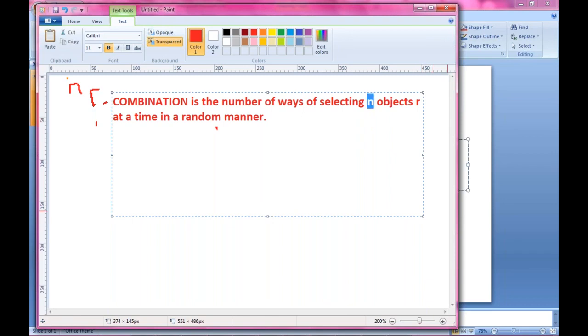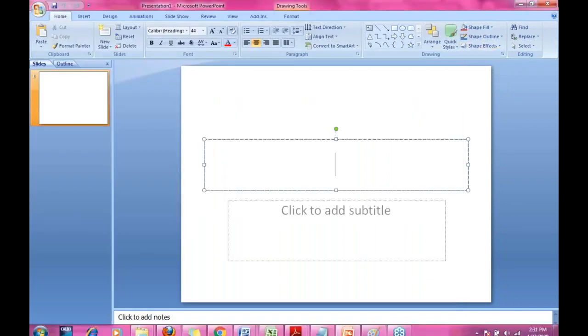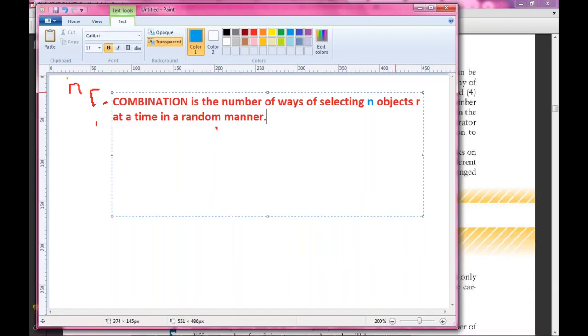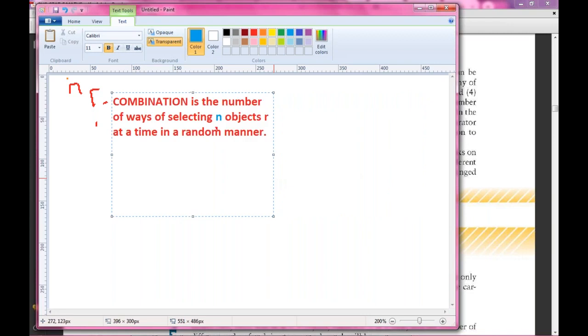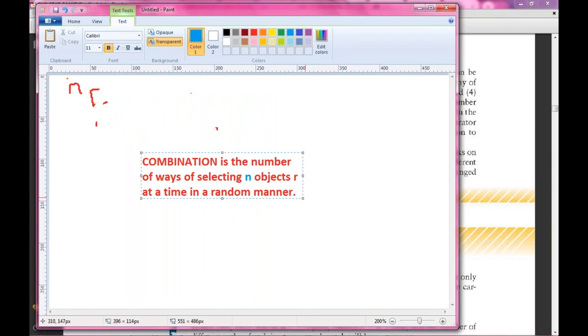So here your n is still the same, the total number of objects, while your r here is the number of objects selected out of that total number of objects. That's your r. So combination is simply defined as the number of ways of selecting n objects r at a time in a random manner.